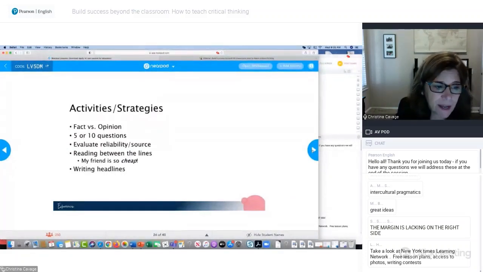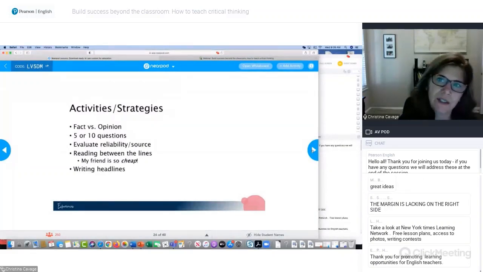The facts and opinions might be very obvious in the beginning, but towards the end, the opinion might have just a little word in it that looks like it could be a fact, but it's really opinion. A judgment word might appear, very soft judgment words. So getting students to really think through those.